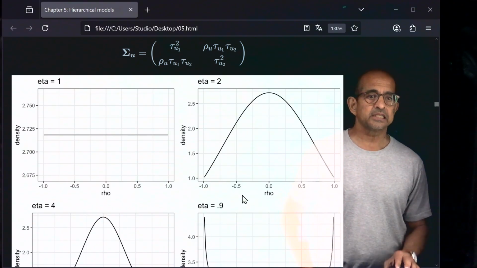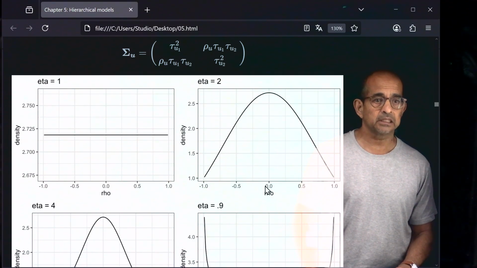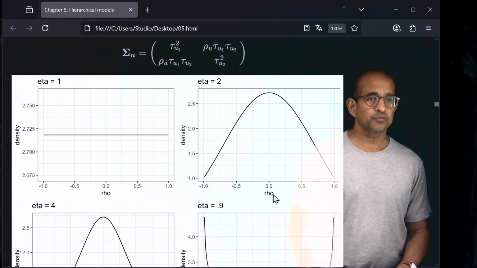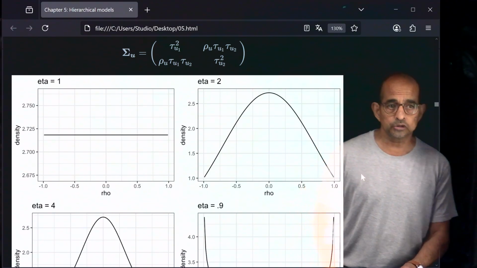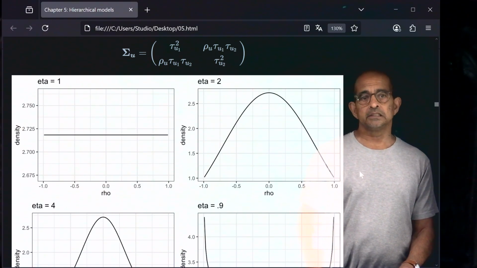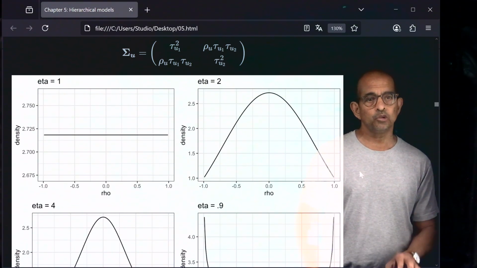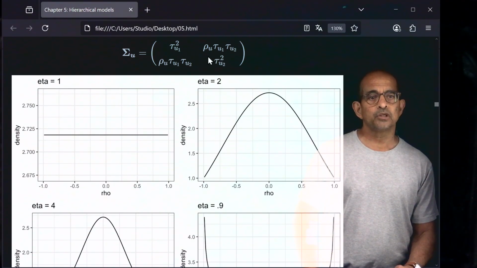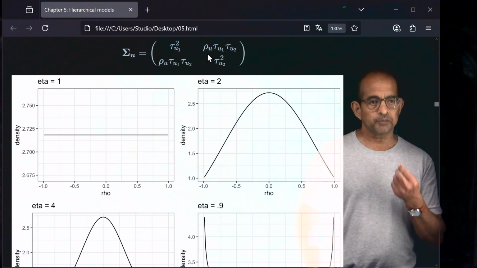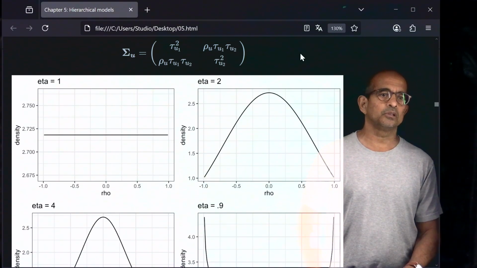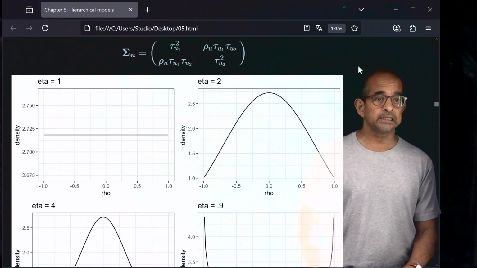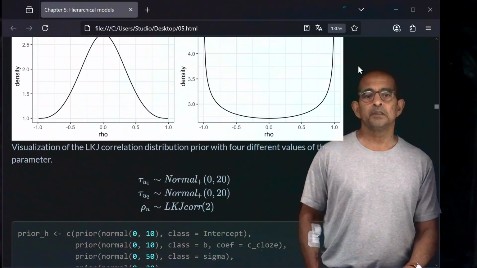So if you have sparse data, then you don't learn much from the data, and the posterior backs off to this prior, which is a very useful thing to have in a situation where you can't estimate the parameter, but you still want to include it in the model, because in principle there could be a correlation, and so you want to know if the data can tell you something about that potential correlation.